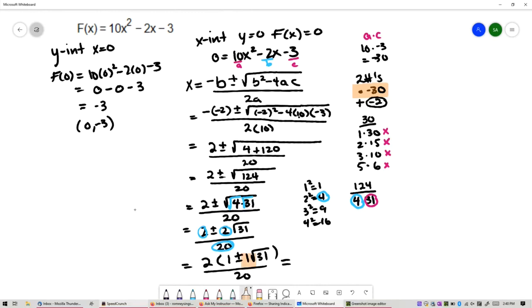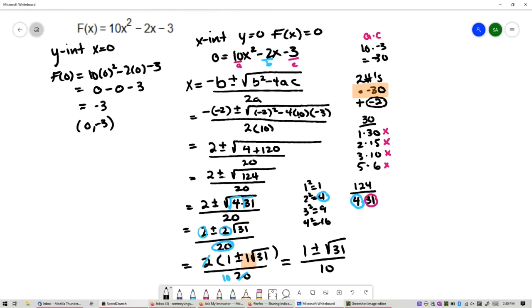Now this 1 here is unnecessary for writing because that's 1 times the square root of 31. And 2 and 20 have a common factor that I can divide out. So we can write this as 1 plus or minus the square root of 31 over 10.